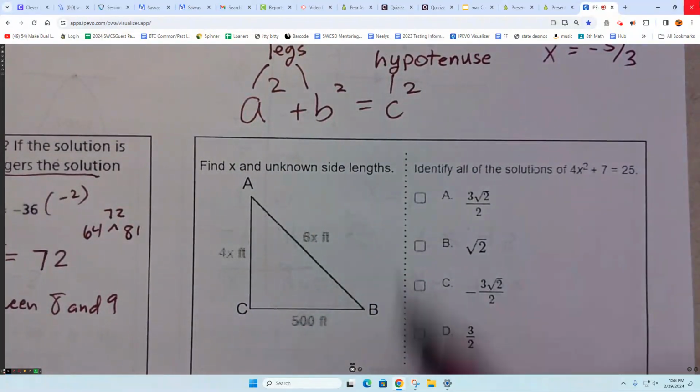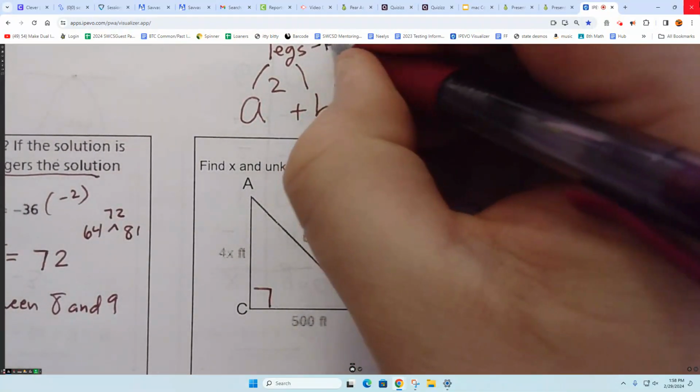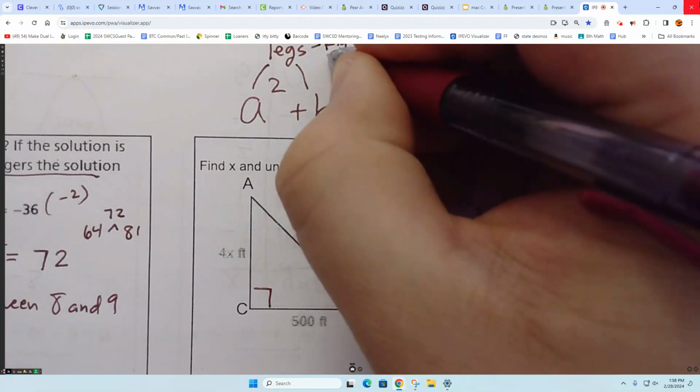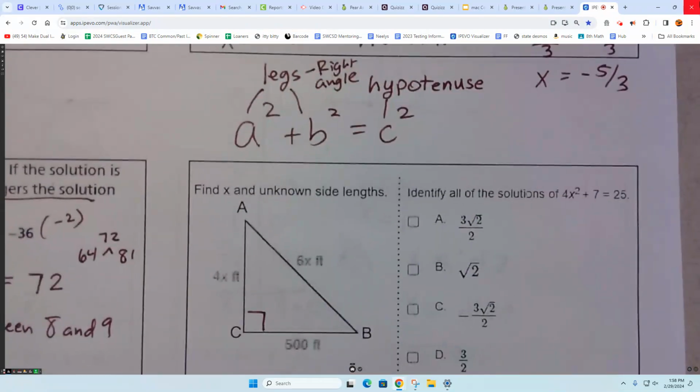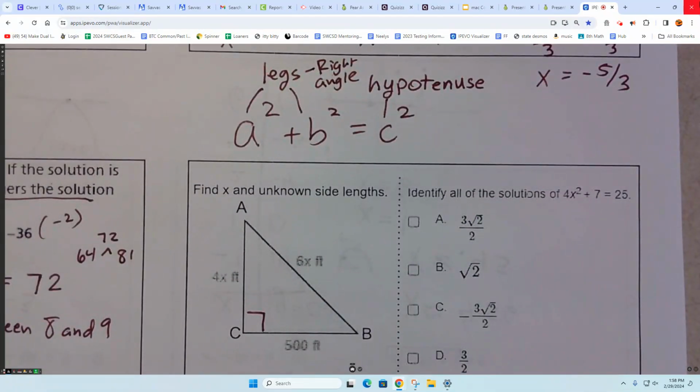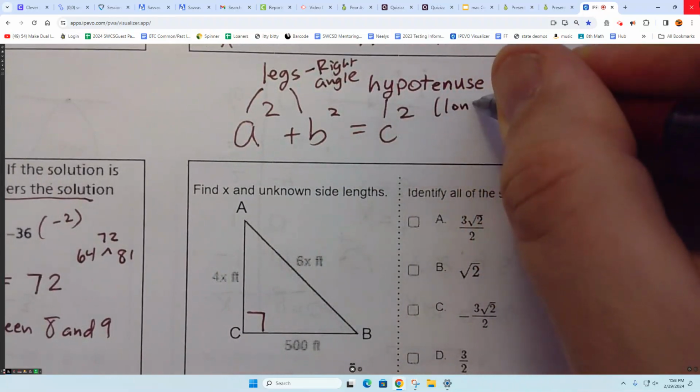The legs are by the right angle. Is the hypotenuse like the weird line, the long one? The hypotenuse is always the longest.